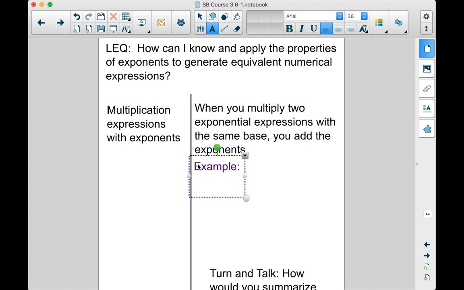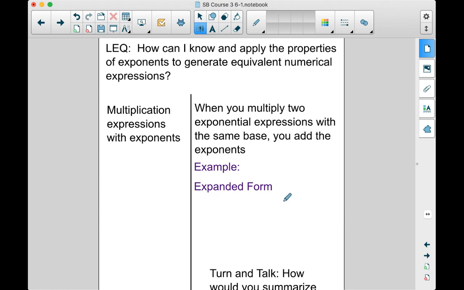For my example, I'm going to write it out in expanded form first. In expanded form, my favorite number is 4, so I'm just going to use the number 4. And my expanded form is going to be 4 times 4 times 4 times 4 times 4. I'm going to group these three together.